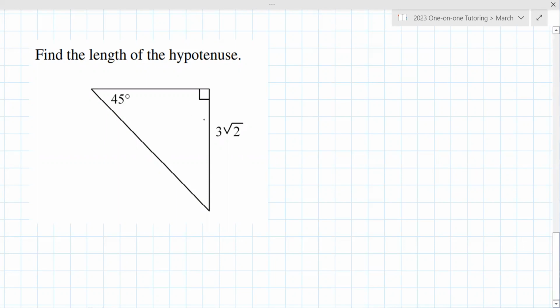Okay, so the three angles in a triangle add up to 180. So you've got 45 plus this unknown angle down here, plus 90 has to equal 180. Can you solve that for x, please?